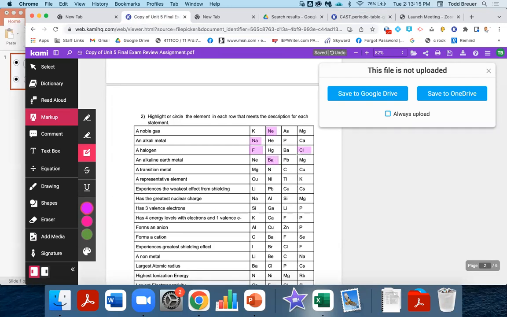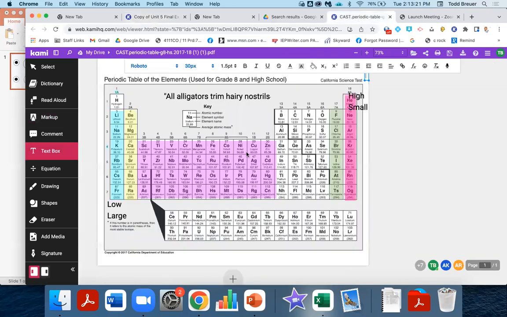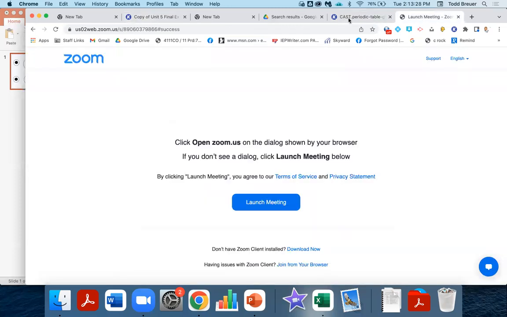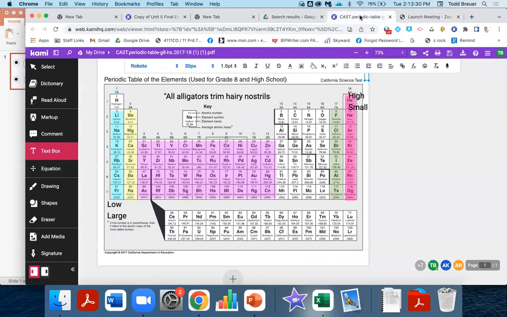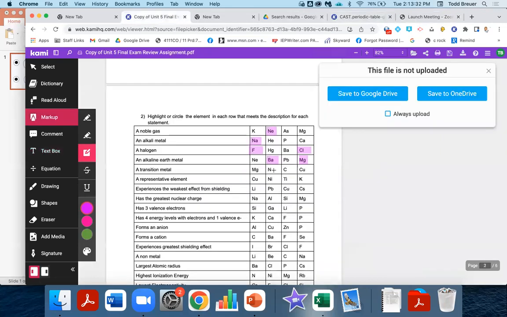Barium and magnesium are both alkaline earth metals. A transition metal, that's that big collection right here in the center body of the periodic table. All of those would be classified as transition metals. So if we're looking at the grouping of those that were provided, the transition metal in that would be copper.